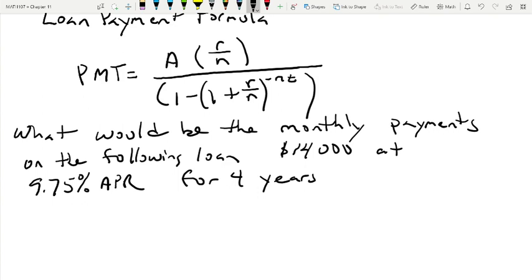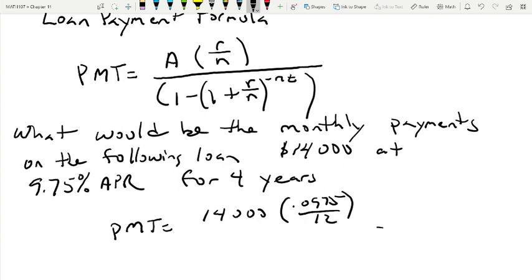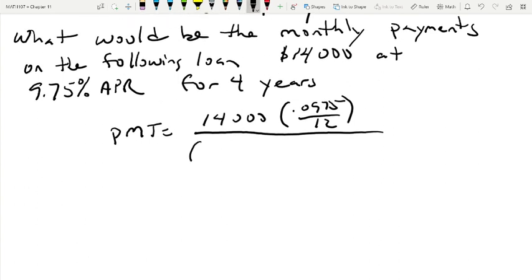Okay. So my payment is going to be 14,000 times 0.0975 over 12 divided by 1 minus 1 plus 0.0975 over 12 raised to the negative 12 times 4.